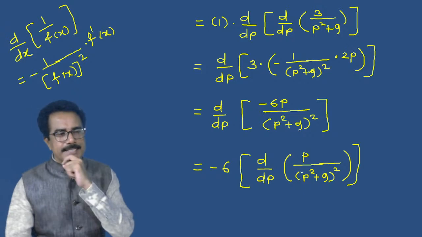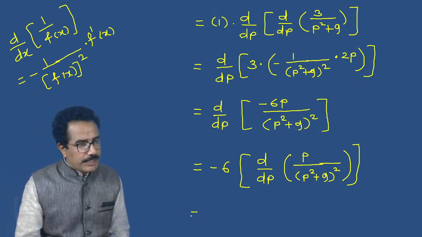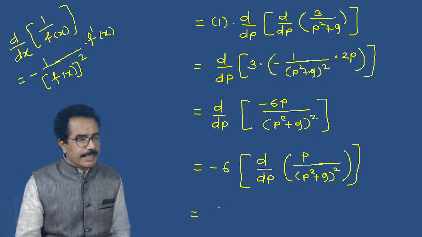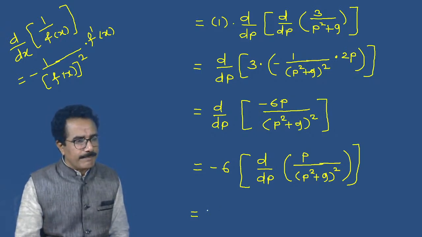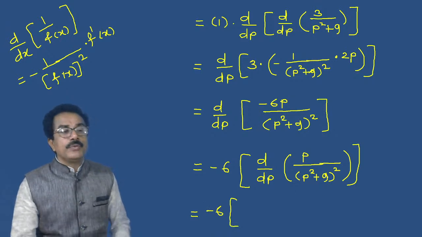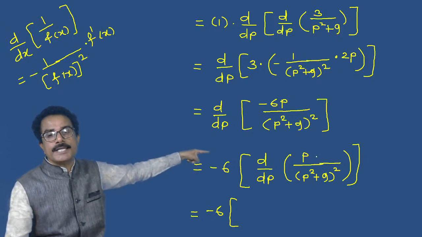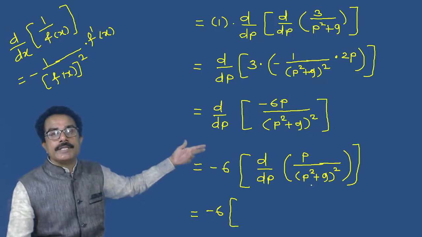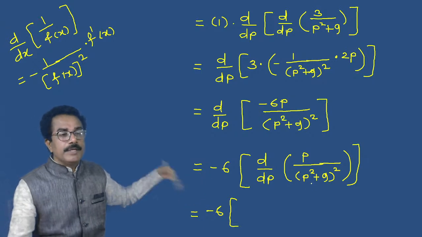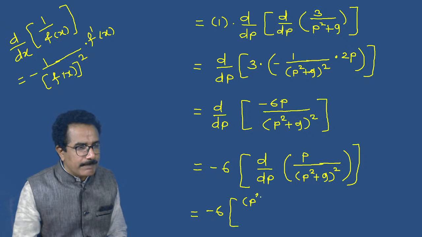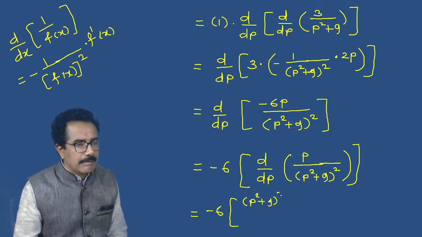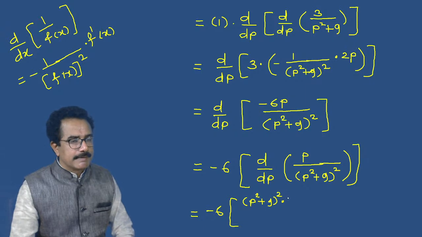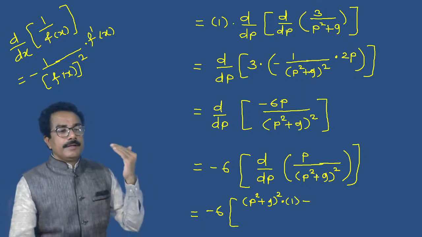Tell me the process to calculate it. The derivative of this function, with minus 6 as it is. Again, we have to use the division rule, u by v, because in the numerator there is a p, and in the denominator there is also p. So both the variables appear in the numerator and denominator, that means in division form. So the second as it is, means (p square plus 9) bracket square. The derivative of the first, that is the derivative of p with respect to p, is 1, minus the first as it is, p.